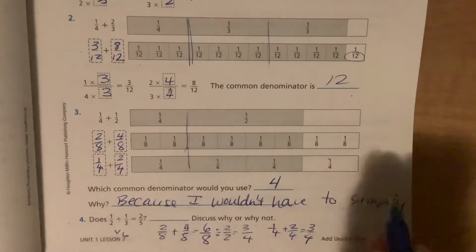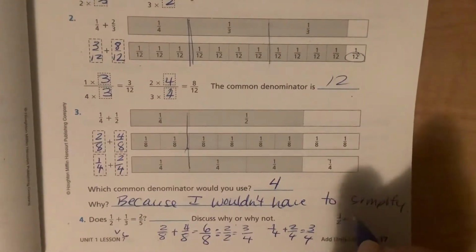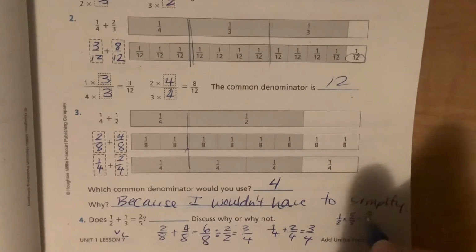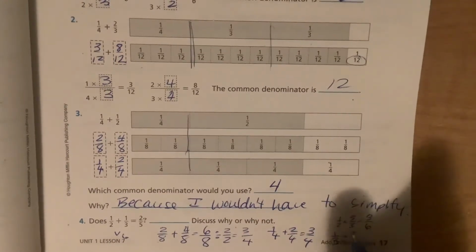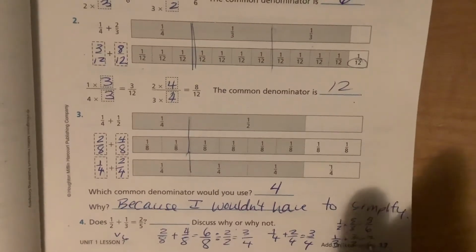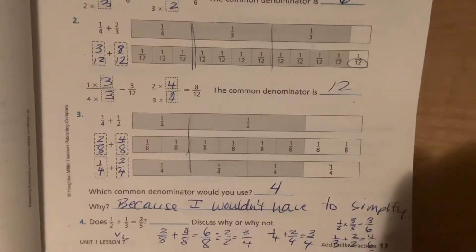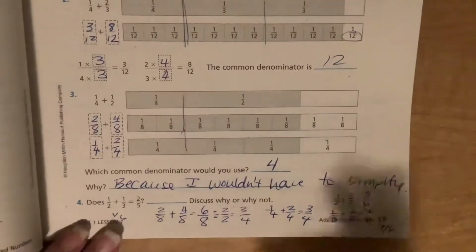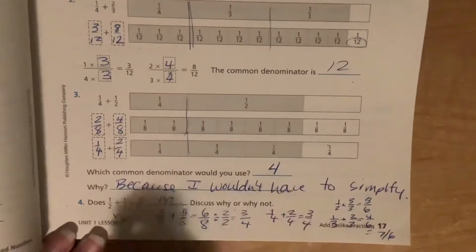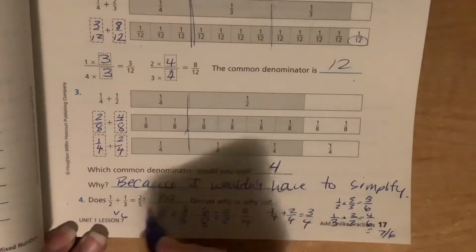So I'm going to do this: 1/2 times 3/3 gives me 3/6. And 1/3 times 2/2 equals 2/6. So that would be 5/6. So the answer is no. Mainly because the first number they have in common is 6.